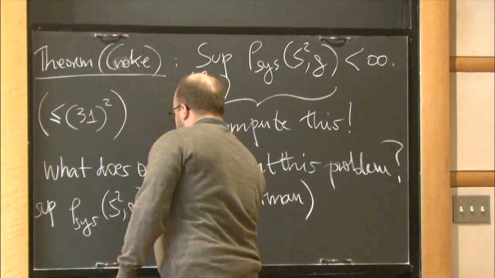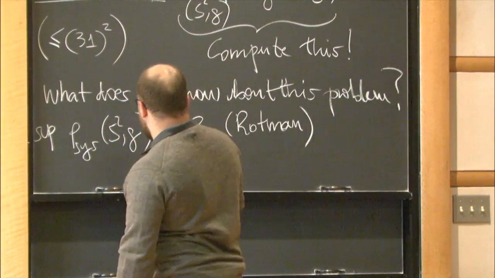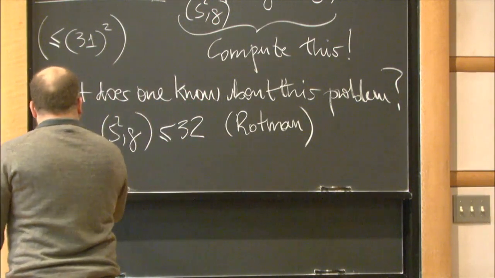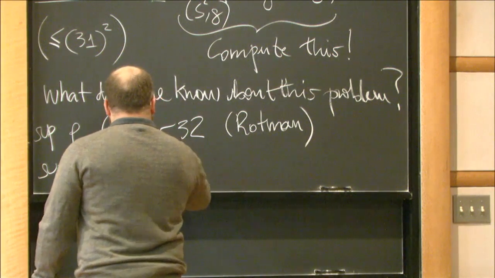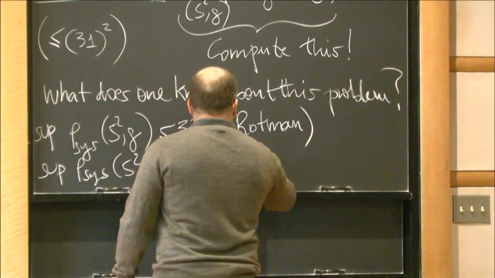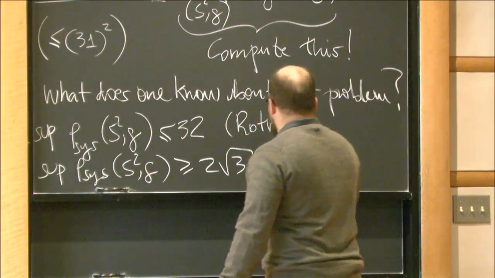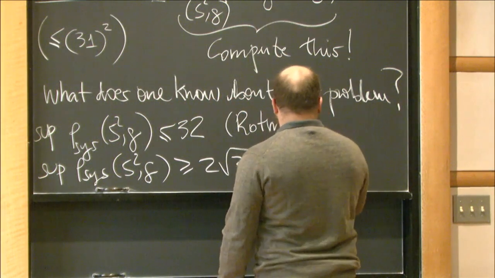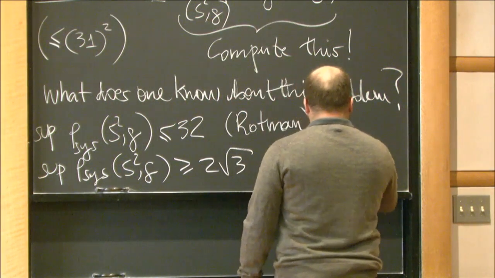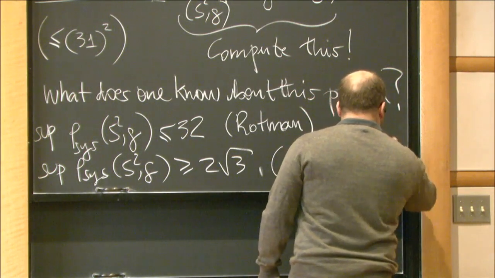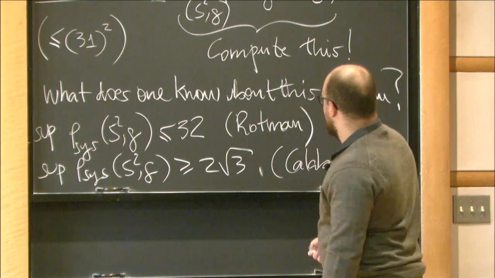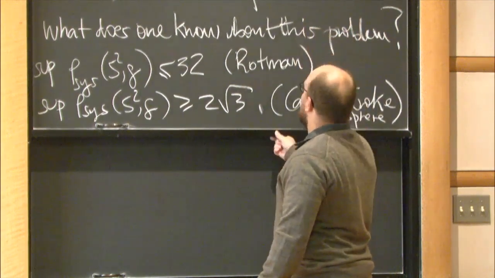And one can exhibit metrics for which the systolic ratio is getting close to 2 square root of 3. That's the Calabi-Croke sphere.